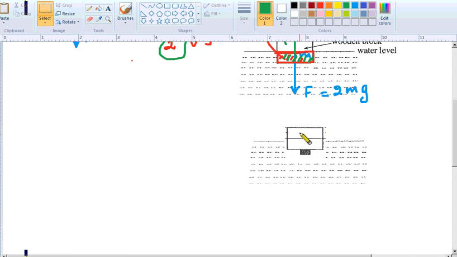You see the previous watermark here, the mark of the water surface. If for the second time it is submerged up to this level, what happens? The total upthrust is larger than previous one, because this metal piece also is submerged and half of the wooden block also is submerged. The total upthrust is increased now.